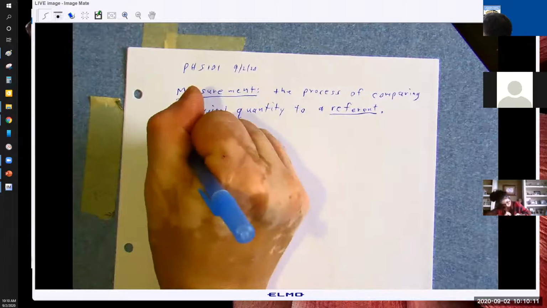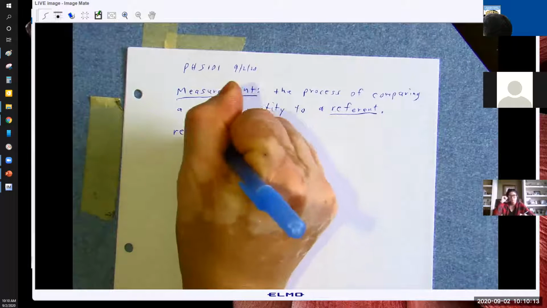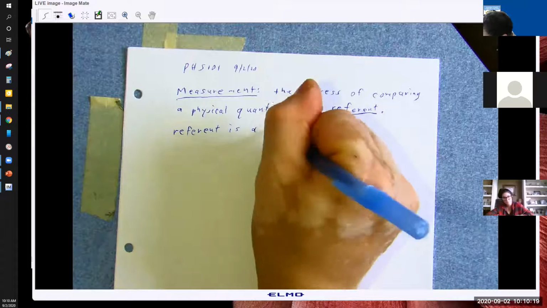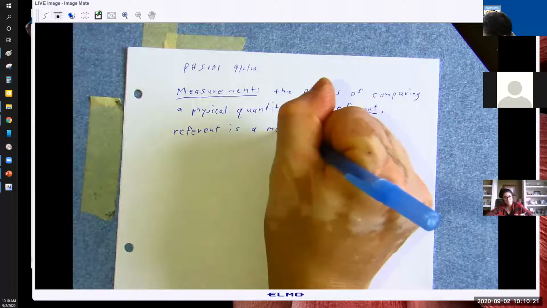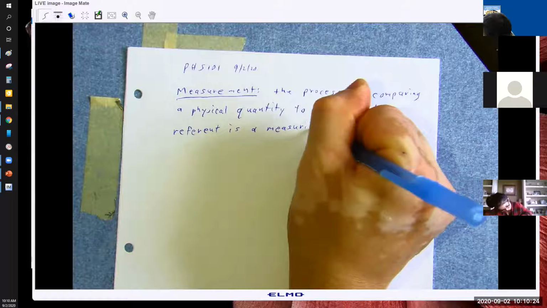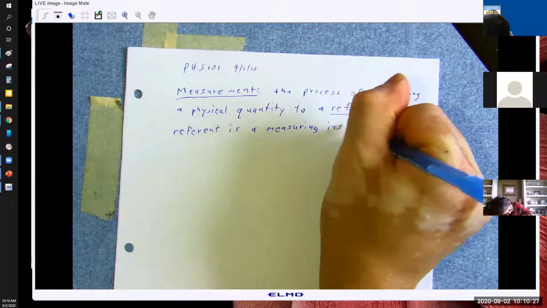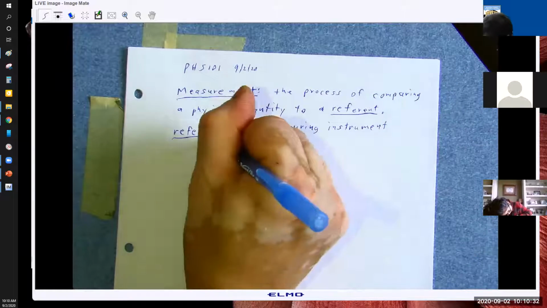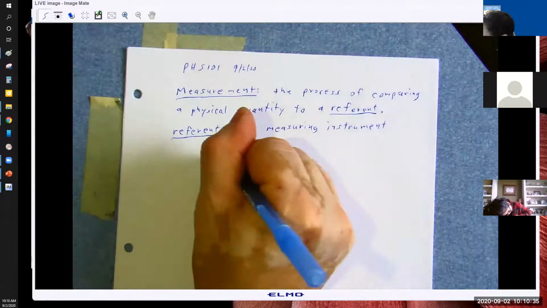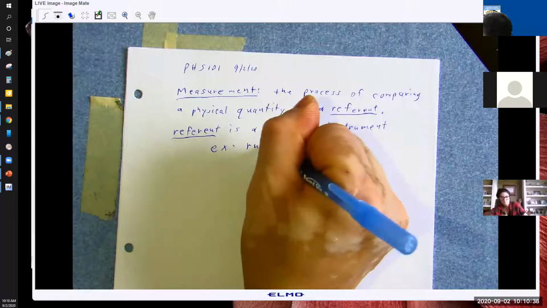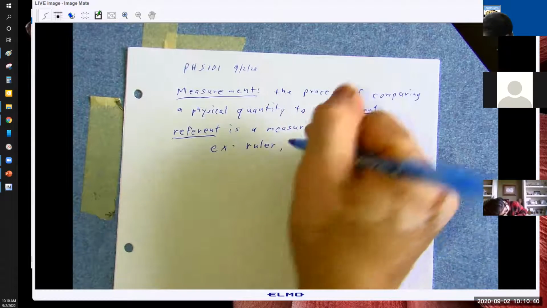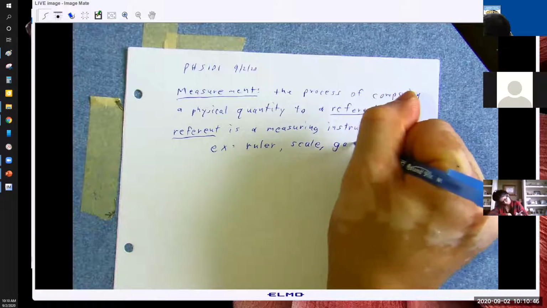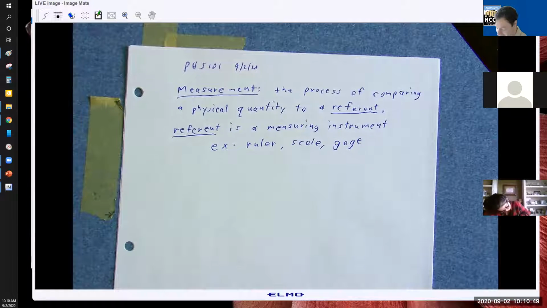And a referent is a measuring instrument. So an example here is a ruler, a scale, a gauge. Could be a pressure gauge. It could be a micrometer.